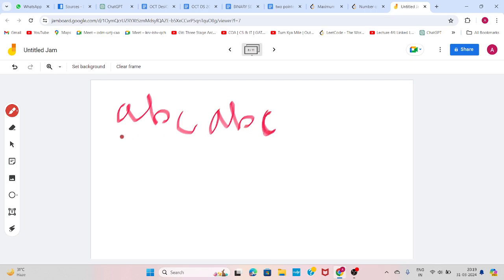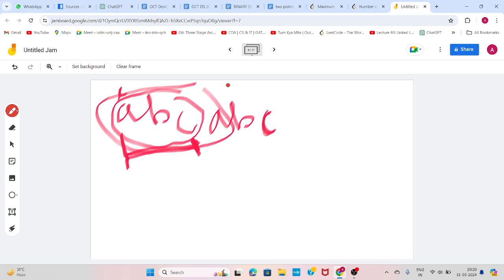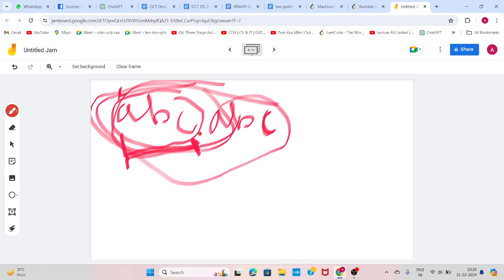Okay, so once the length of the map is 3, the valid subarray is from, if this is i, this one, this one, this one, this one. After that, once we find all the subarrays starting from index i, we will move the i pointer.